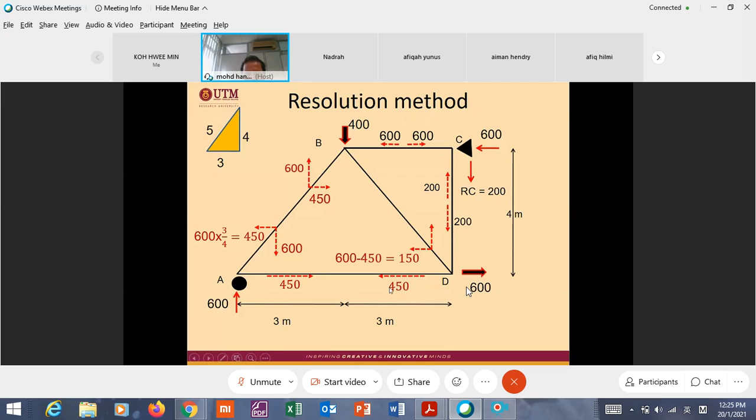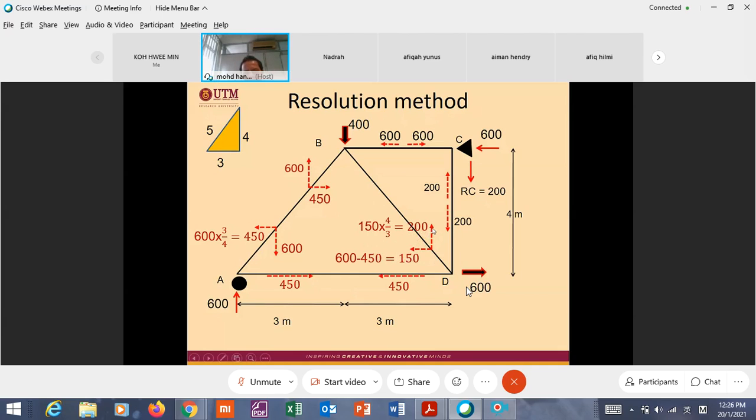So when this is 150, what is here? 200, in proportion or in ratio. And then when you have 200 here and 150 here, what next? Easy. Just put another force in the opposite direction.